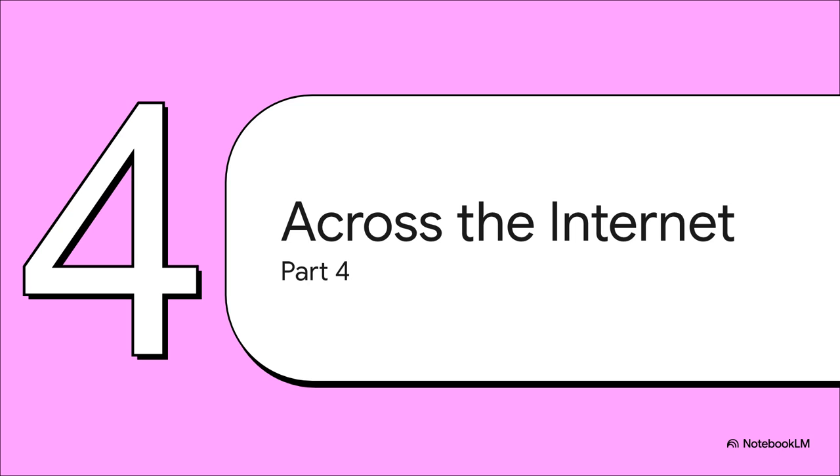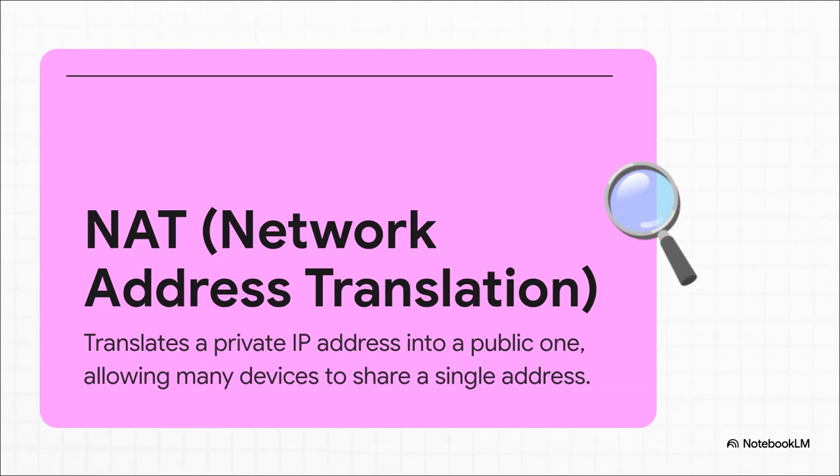But for this whole thing to work, with literally billions of devices all trying to do this at the same time, the system needs a few very clever tricks up its sleeve, especially when it comes to addresses. And one of the biggest tricks is something called Network Address Translation, or NAT. The best way to get your head around NAT is to think of your router as a company's receptionist. Inside the company, right, everyone has their own personal phone extension, maybe just 4 digits.